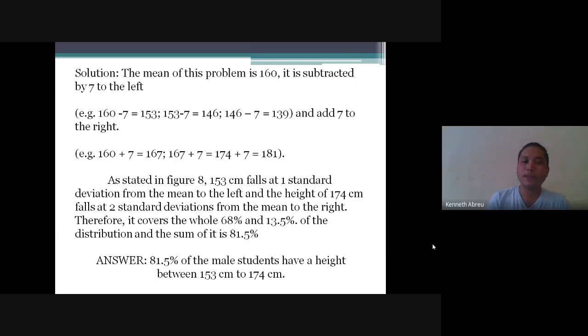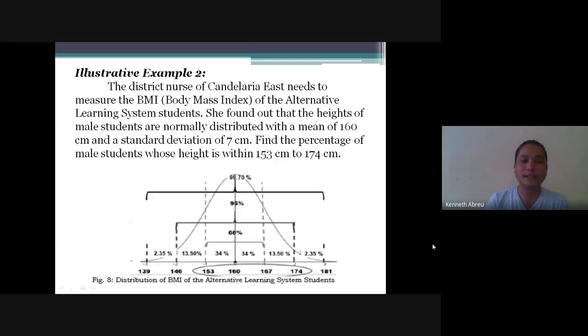So therefore, 68% plus 13.5%. So that would be equivalent to 81.5. So therefore, 81.5% of the male students have a height between 153 centimeters to 174 centimeters. Bakit naging 81.5? Balikan natin kasi doon sa 153, naroon lamang siya sa first standard deviation na magpo-fall sa 68%.